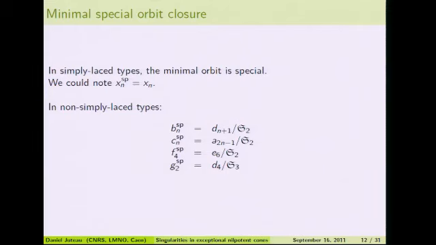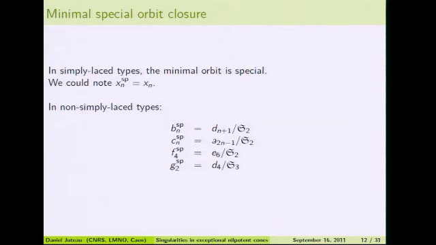If I continue with this duality, what should be the dual to the regular subregular case? It should be the minimal special orbit, the unique one. It is of dimension twice the Coxeter number minus 2. In simply laced types, the minimal orbit is already special, but in the other ones, it is not.